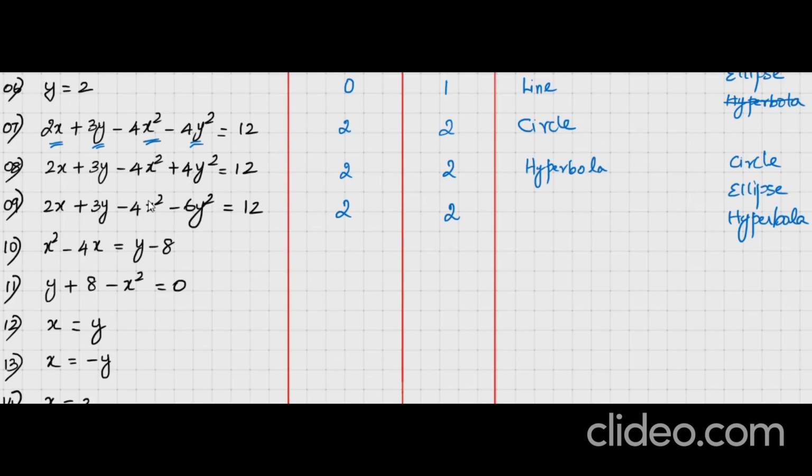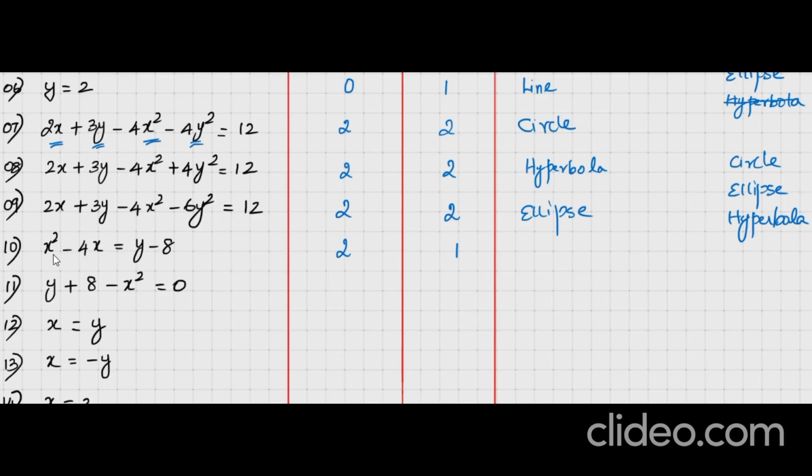Okay, see, in the next problem, the coefficient of x square and y square are both of the same symbol and the coefficients differ. So it will be an ellipse. Okay, see here, the next problem, the maximum power of x is 2 and the maximum power of y is 1. Check it out again.